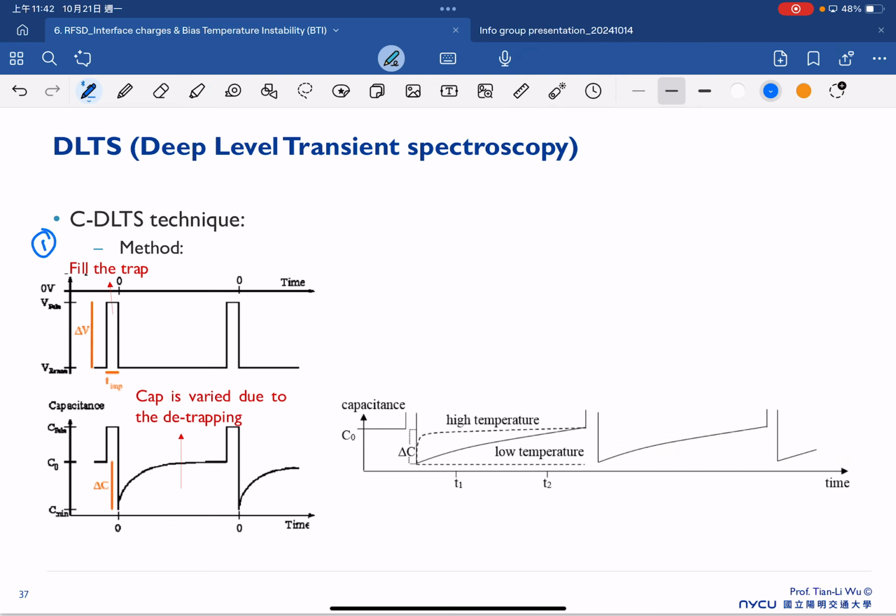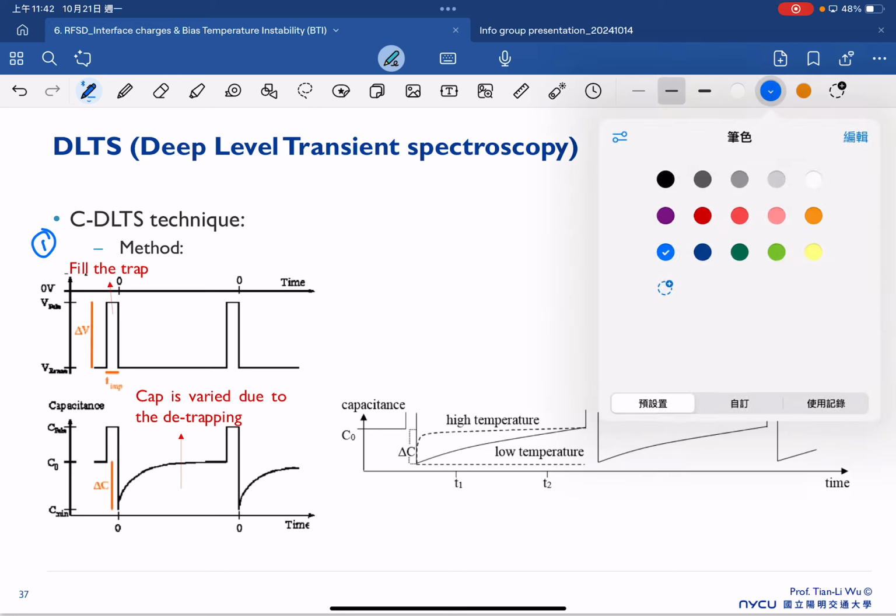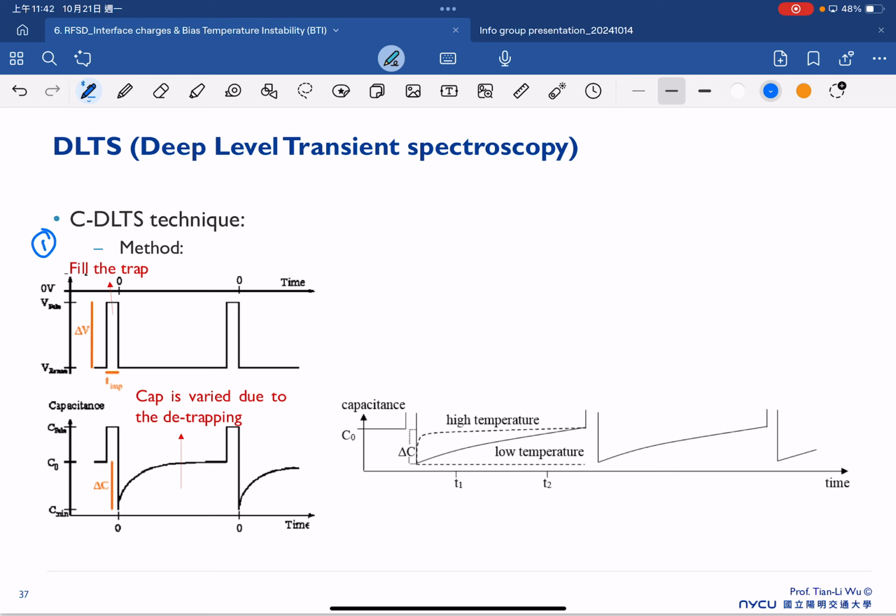So the field trap is, first of all, if we have the one PN junction device here, then the first step is that we know possibly we have a defect inside.